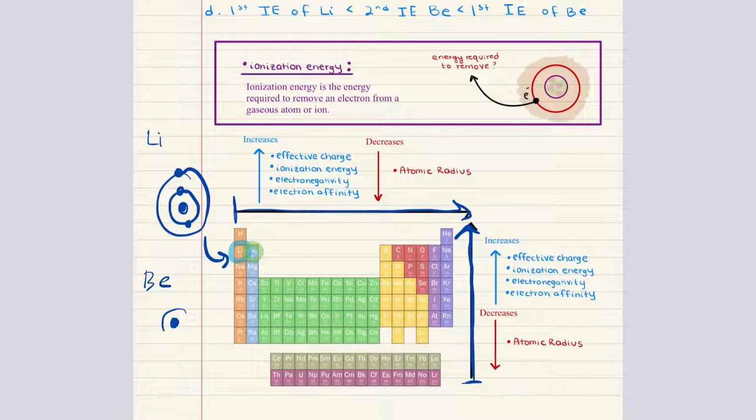And removing an electron for lithium in its outermost shell is going to be easier than to remove the electron from beryllium. For beryllium, with 2 electrons in its outer shell, that first ionization energy is going to be higher because it's slightly more challenging to remove an electron from a more stable configuration.